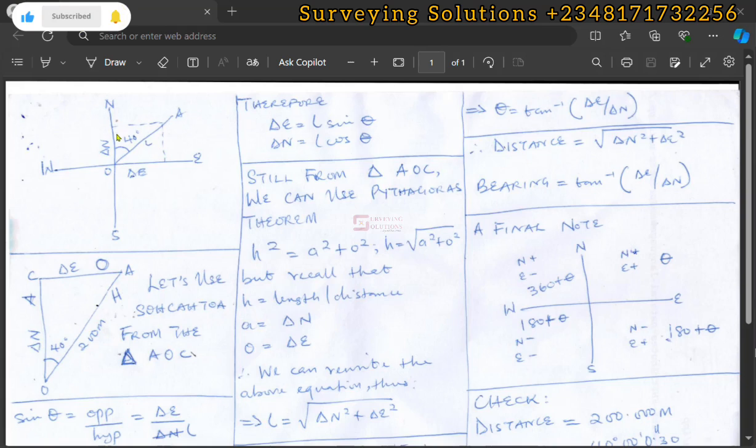So if we know that this line is OA and that is our length, and we have a bearing of 40 degrees that helps us define that line, then we can draw a line from the north down to where it intersects that direction line, and we can also draw a line from the east to where it intersects the line, right?